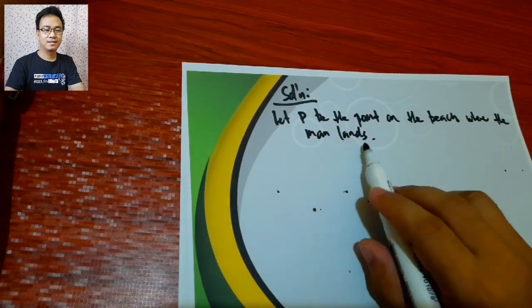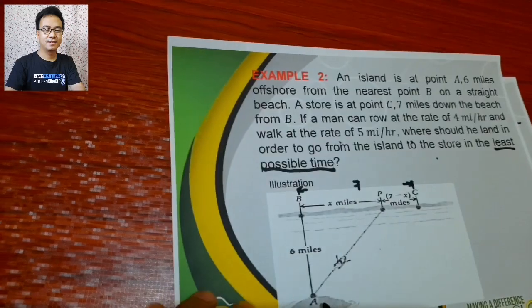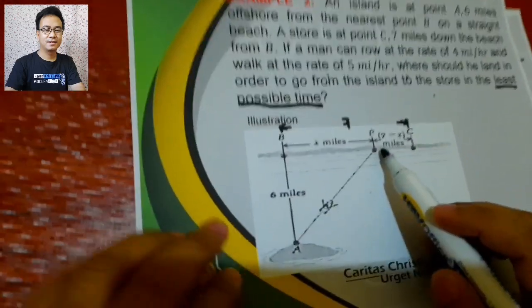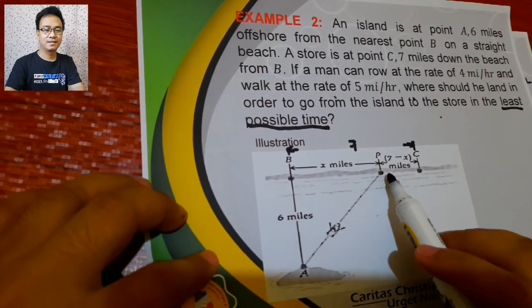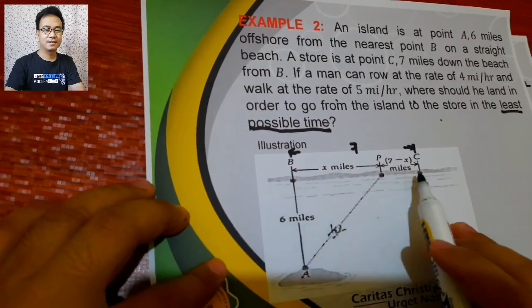So if a man will land on point B, then therefore, point P, this is the point P. P is located between point B and C.